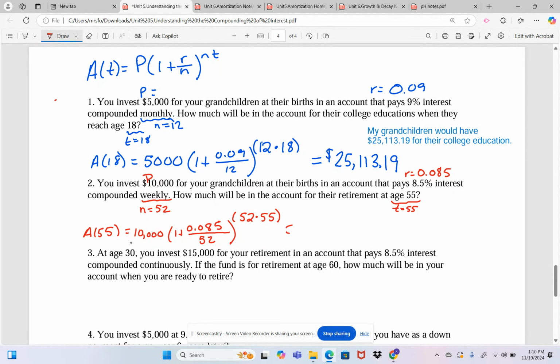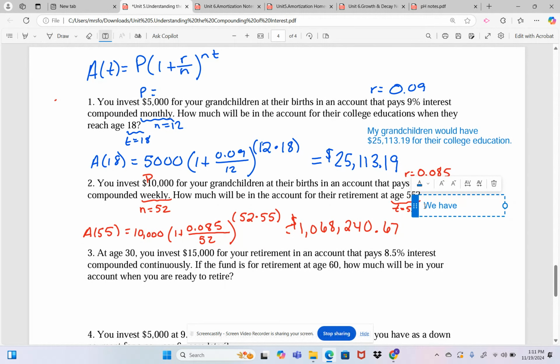Then you would do your math and find that we get $1,068,240.67. To get full credit, if this was a test, you would have to make a statement.